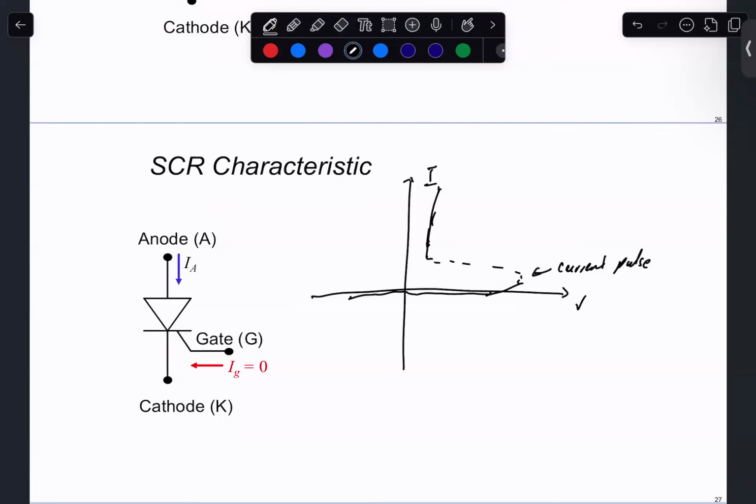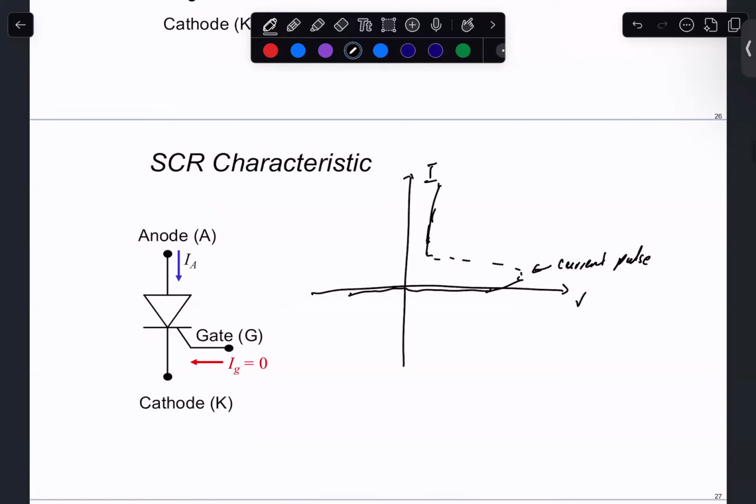It can have a much larger forward bias region than the diode. This is the reverse bias region, and this is the forward bias. Instead of just 0.7 volts for a diode, here we can control however large this voltage is, decided by when we apply current to the gate.